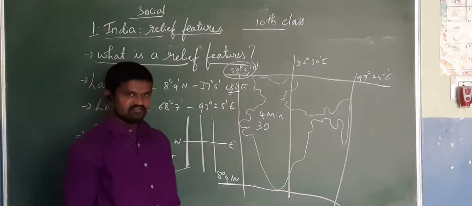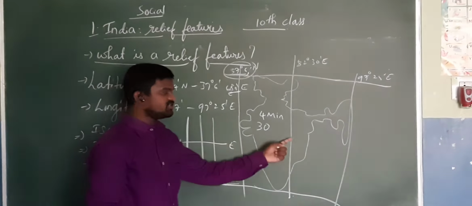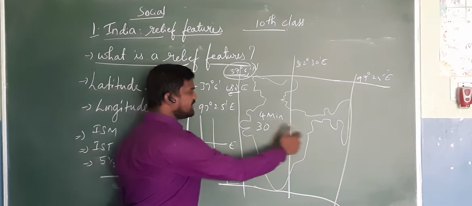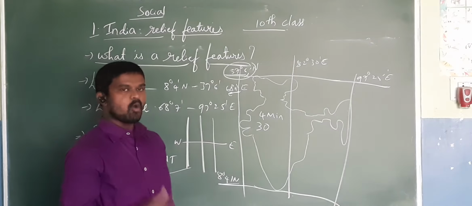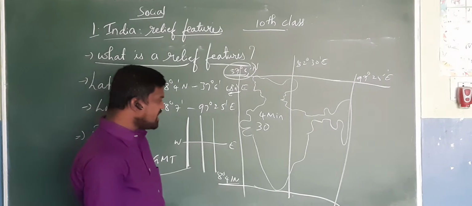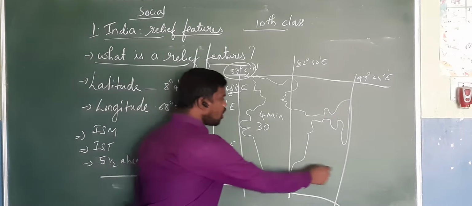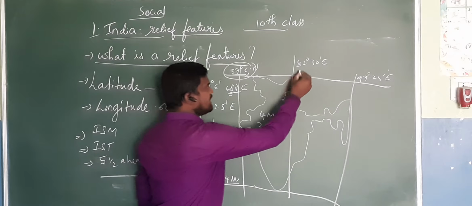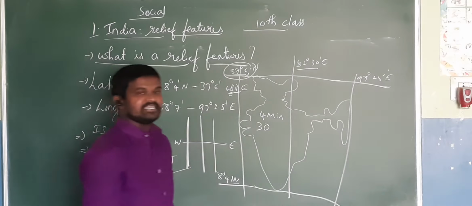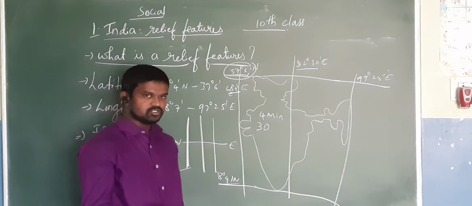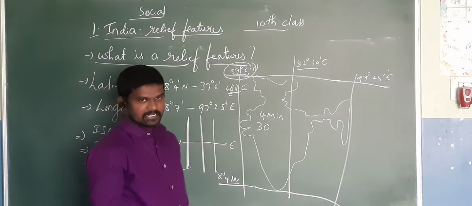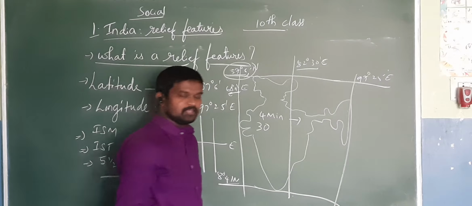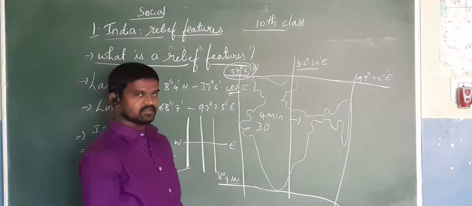This time variation would create confusion among people in different places. To avoid this confusion, we have taken one central longitude among all of them, which is the 82 degree 30 minutes east meridian. Longitudes are also called meridians. This passes near Allahabad, Uttar Pradesh.